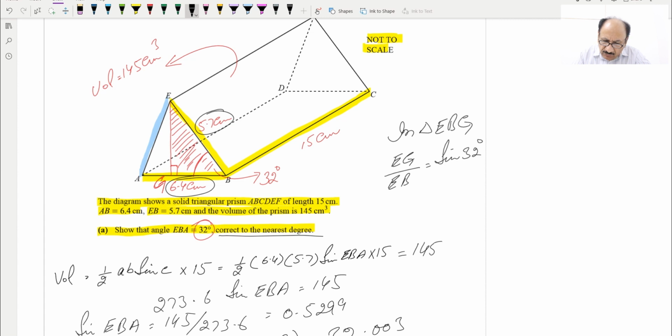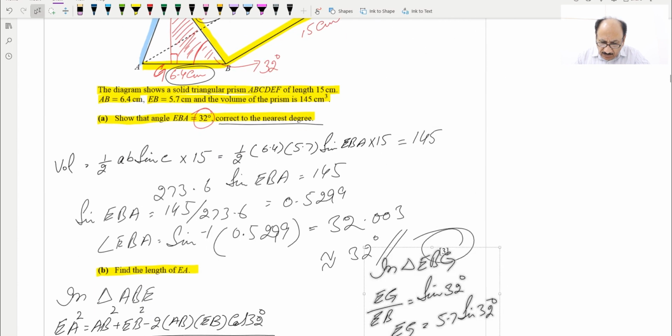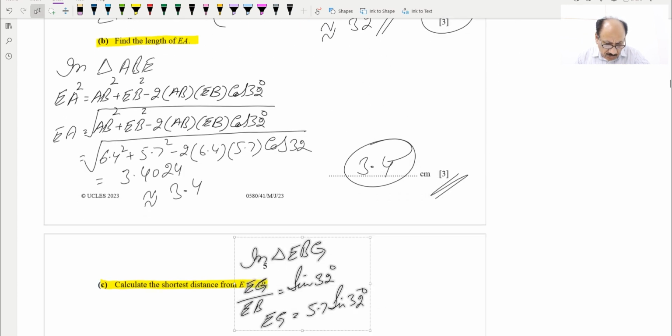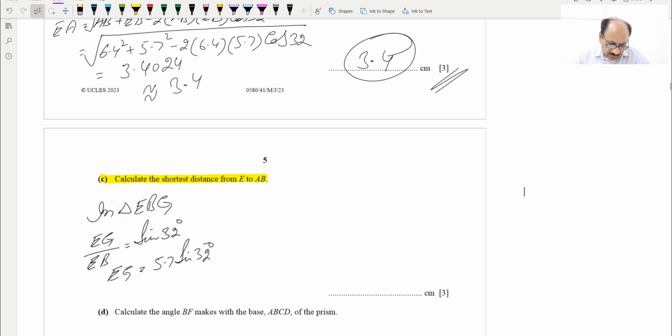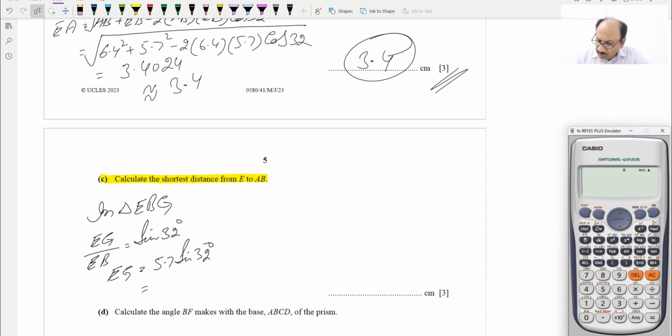EG we need to find, so EG is equal to EB, which is 5.7, so 5.7 sine of 32 degrees. This one we can shift to the proper location, and we will complete this part over here, and this will be 5.7 sine of 32.